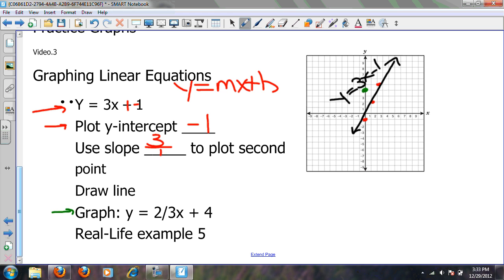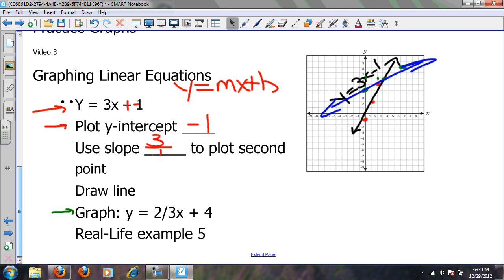My slope is 2/3, which means I'm going to rise 2, 1, 2, and run 3, 1, 2, 3. I'm going to rise 2, 1, 2, and run 3, 1, 2, 3. Okay, there is my line. I'm going to connect those dots and put arrows on the end.